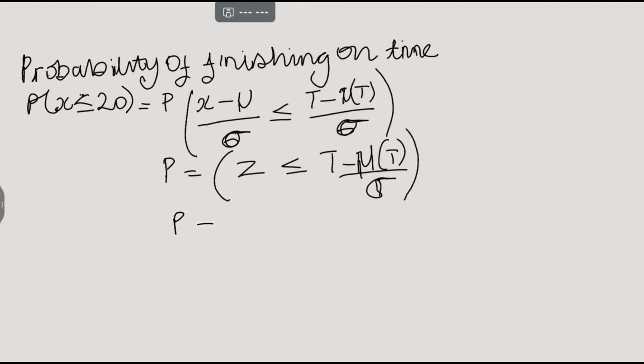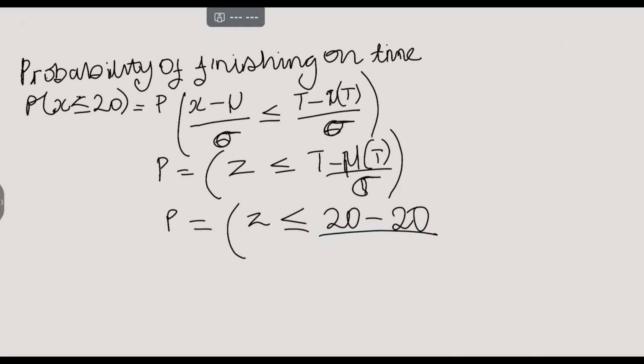P equals Z, which is 20 minus the mean, over the standard deviation. The mean is what we used to calculate our critical path, so it is the actual project duration, which is also 20.